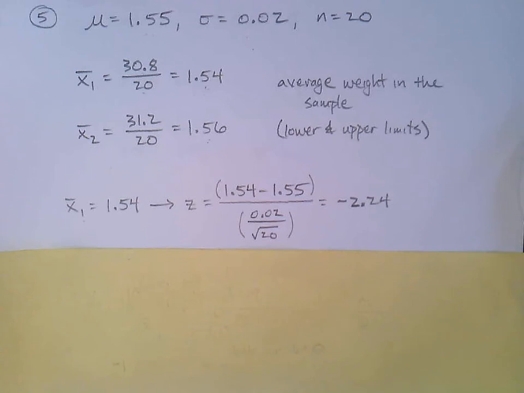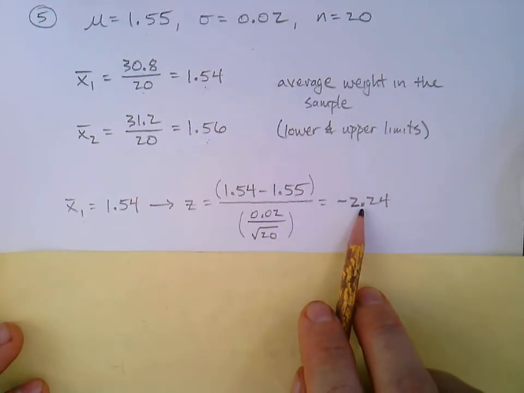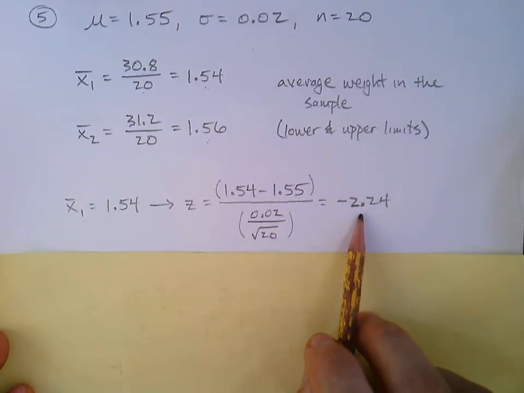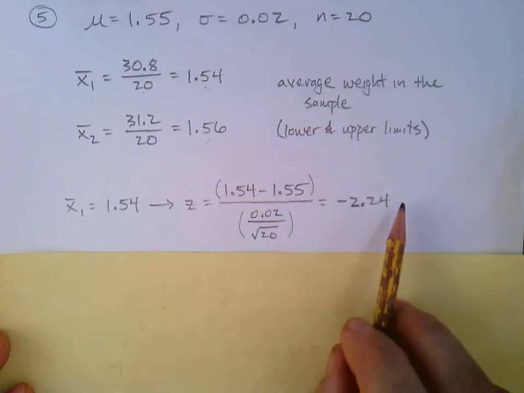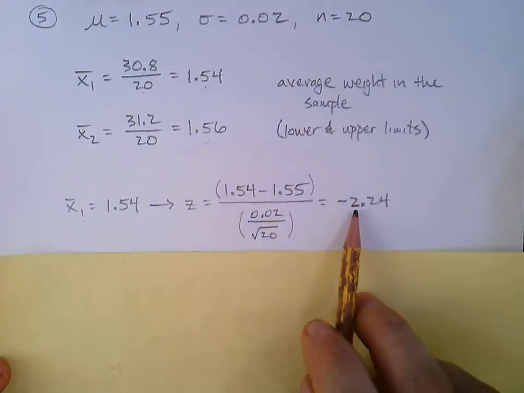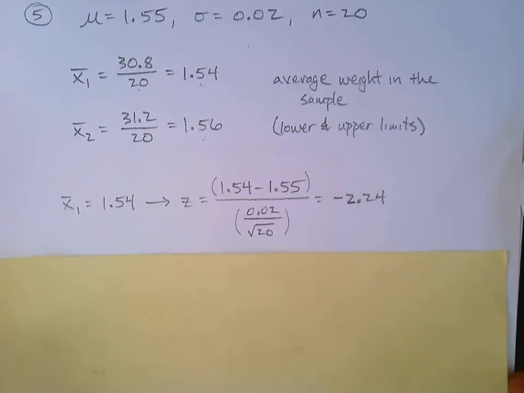Okay, before we go to find the z-score for x bar 2, I want to stop here. And I want to find the probability that goes with this. So, do we want a probability less than this z-score, or do we want a probability greater than this z-score? This would be more interesting if we were all in class together. So I'll just tell you.